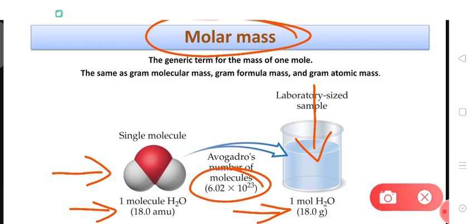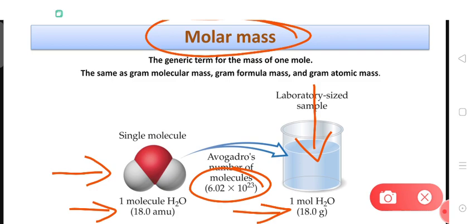Now you can think something. Molecular mass is 18 U or AMU, and molar mass, which is the mass of 6.02 into 10 to the power 23 molecules, is 18 grams. So we can say that molecular mass and molar mass are numerically equal.